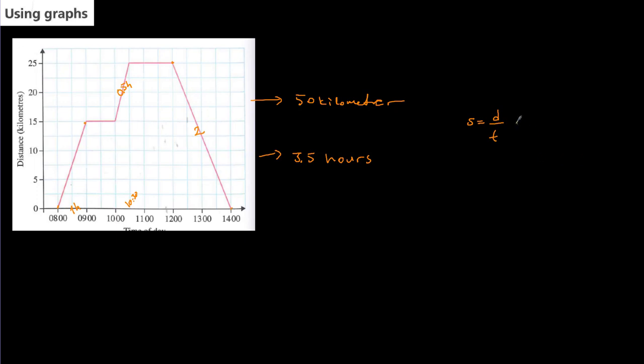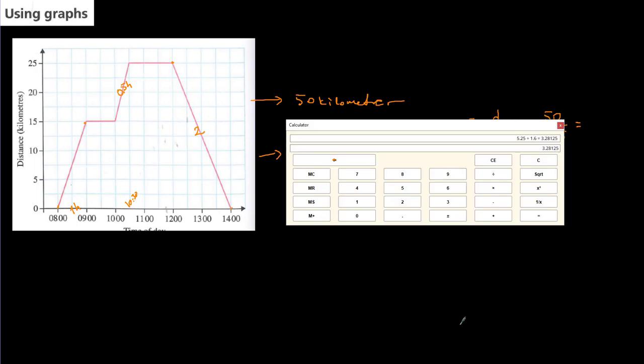In 3.5 hours, the person travels 50 kilometers, so we have 50 divided by 3.5.